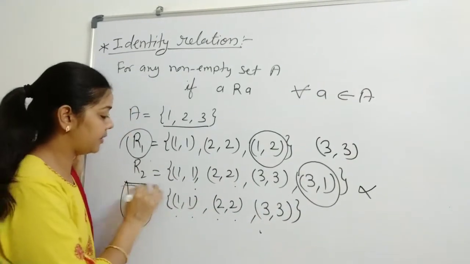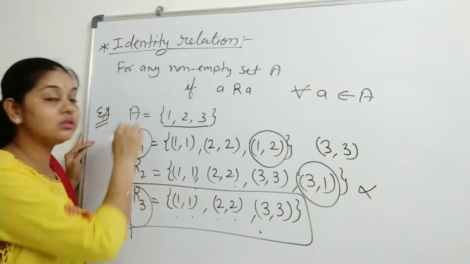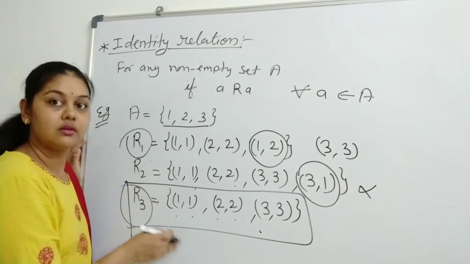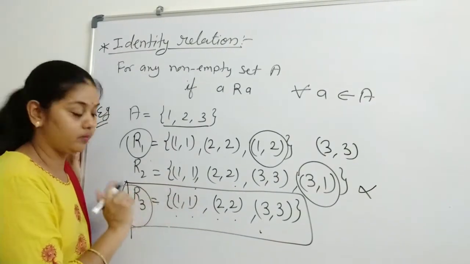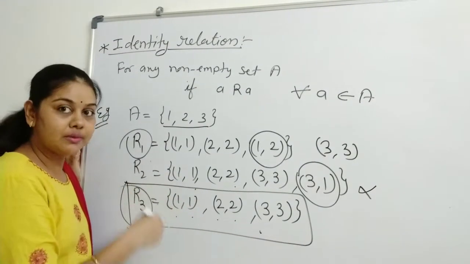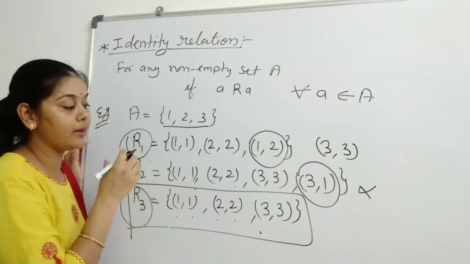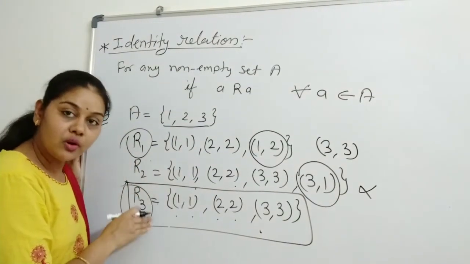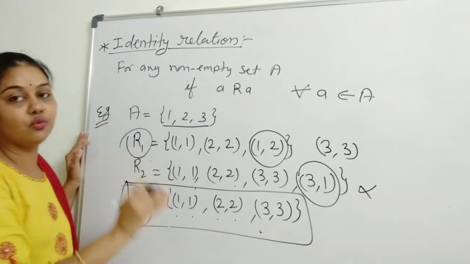All the three elements of set A are related with themselves. That's why this relation R3 will be called identity relation.